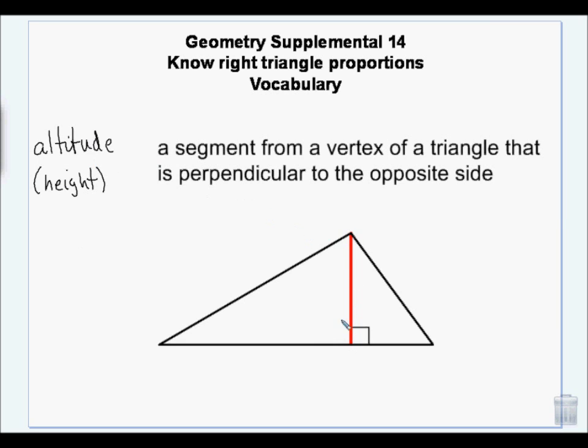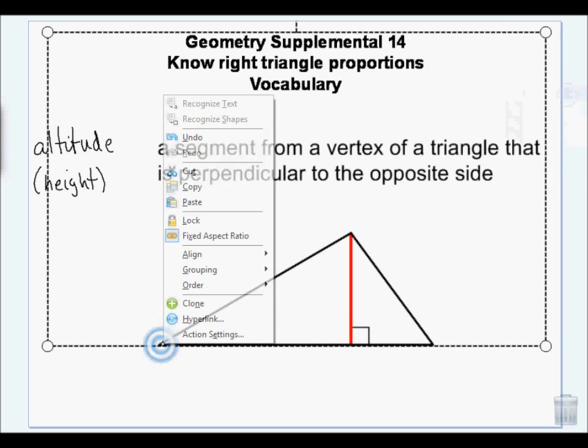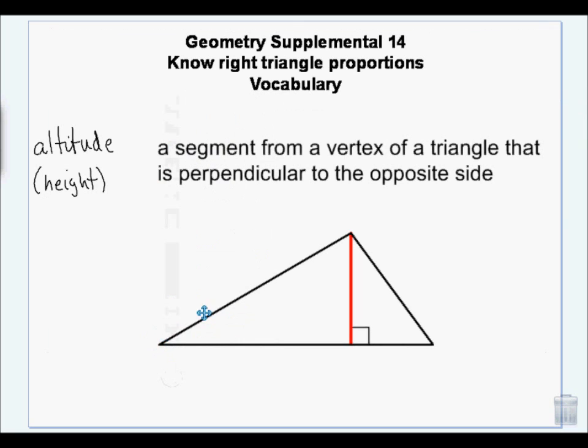So you have your traditional altitude that comes straight down to the side, but we also have an altitude coming from here. Why did I do that? To probably about there, if that was 90 degrees.